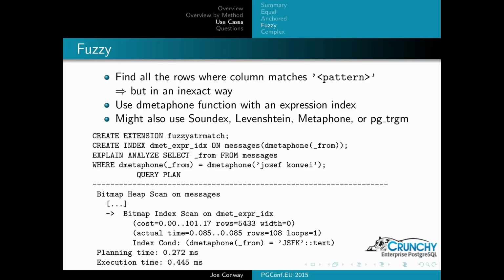You can even see in this explain what the result of that calculated value was. And you can also see that in the actual, it found 108 rows in the table that matched that Metaphone value. And it did it pretty quickly: 445 microseconds.